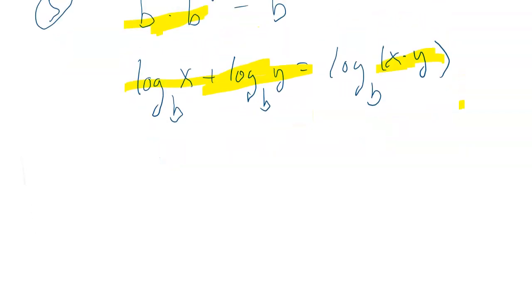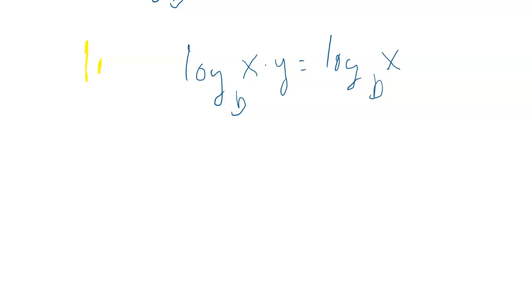All right, let's continue here. Oh, this is number 5. I actually didn't do 5 yet. The logarithm of a product of two numbers is the same as the sum of the logarithms of these numbers. So basically backwards, I guess. Log base b of x times y is equal to log base b of x plus log base b of y.